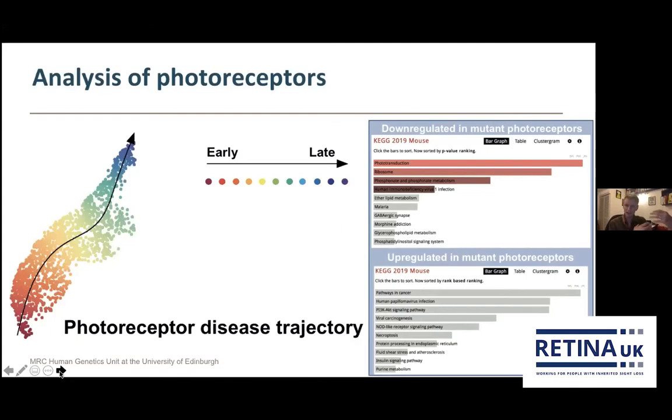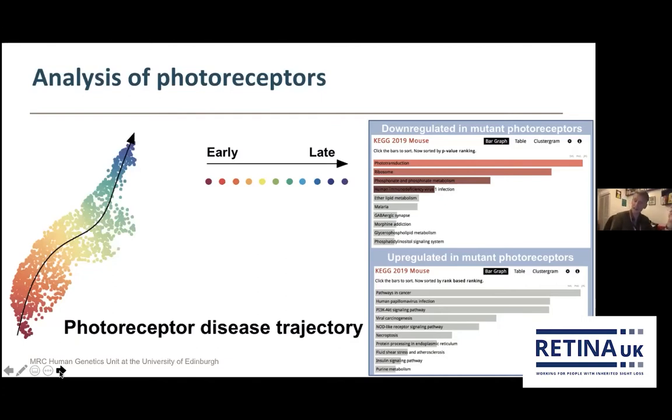So we think these cells are getting sick, and they're stopping making the proteins that are needed for light sensing. And as I said, in clusters 3 and 4, the vast majority of these cells are from the RPGR mutant mouse. So that's very interesting. It shows that as they start moving from health to stress to disease to death, they start down-regulating, they start making less proteins that are involved in phototransduction.